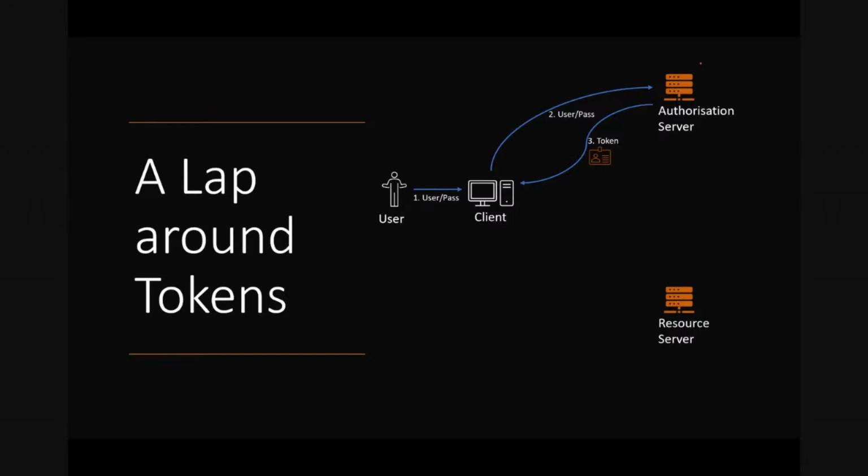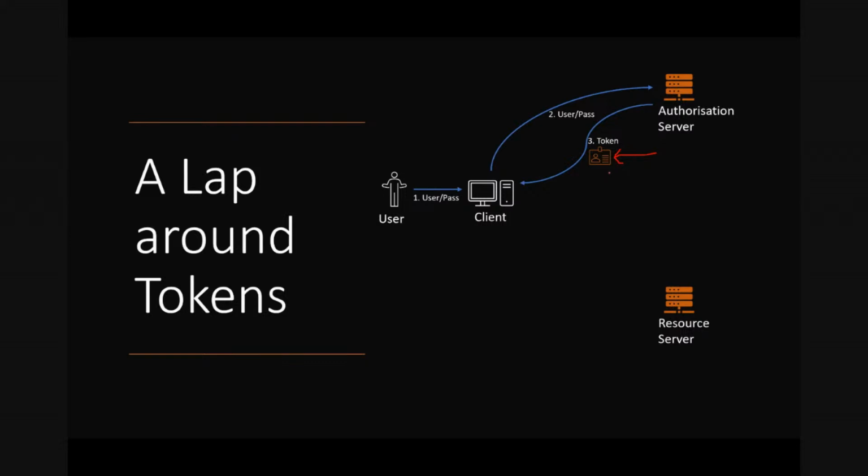This token is quite interesting because inside it, it tells us that it's been issued by this particular authorization server. And there's a lot of other details in this token as well. Maybe the groups I belong to, or who this user is, maybe the email address of the user, and a variety of other details in here.